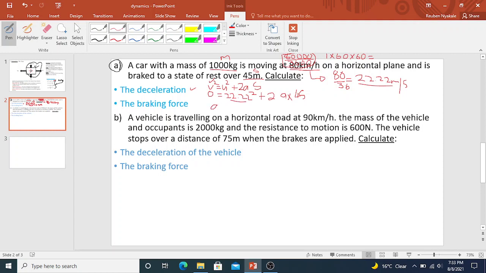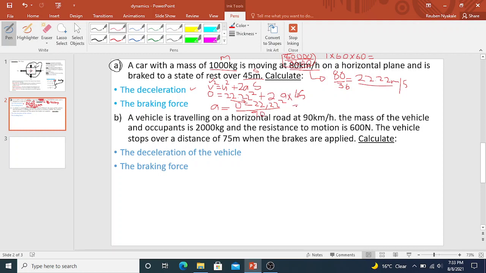Then you will have a equals 0 squared minus 22.22 squared, divided by 90, because 2 multiplied by 45 will give you 90.